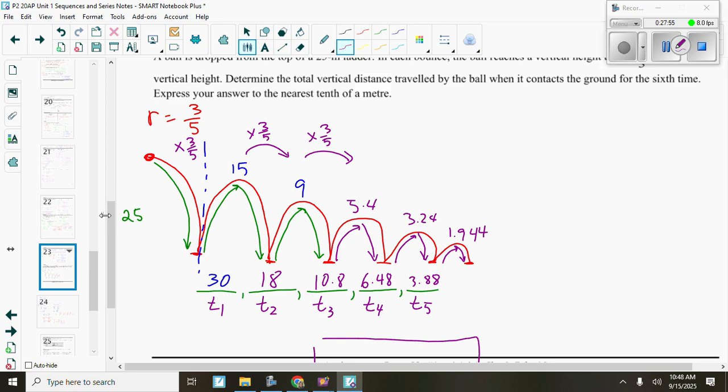So when we use our sum, let's use... we're looking at, so we can use, yes.